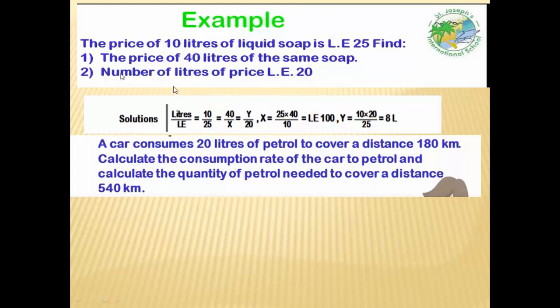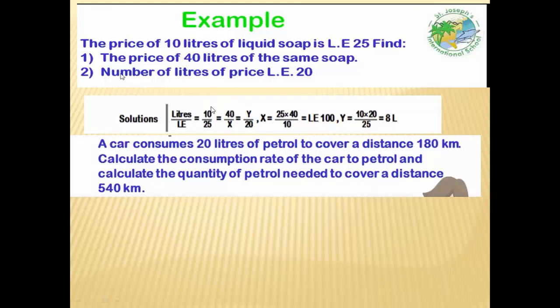Okay, then we can write the number of liters in the numerator and the number of pounds in the denominator. Then the first liquid soap, 10 liters over 25 pounds, equal the second soap, the price, which is 40 liters over which price.